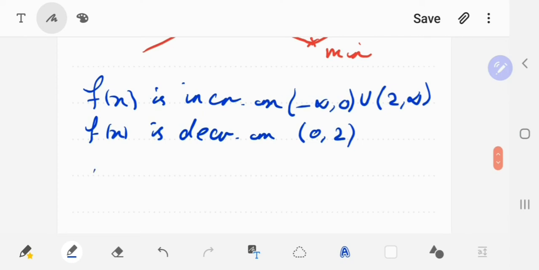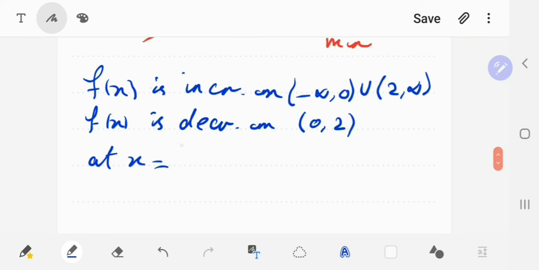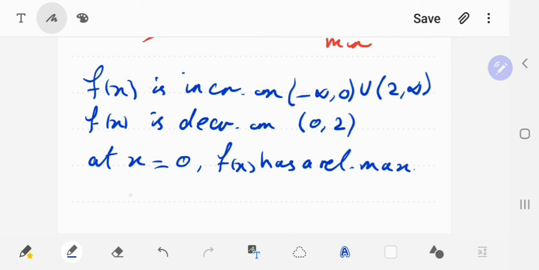Now, at x equal 0, f of x has a relative or local maximum, which is, what's the value of f of x that is a maximum, which is f of 0.